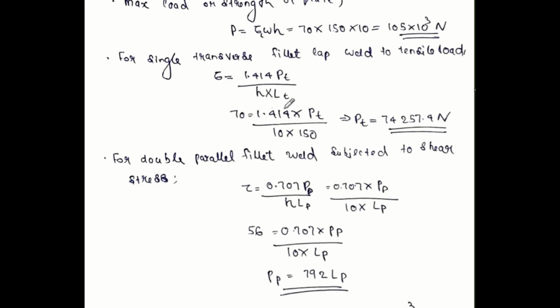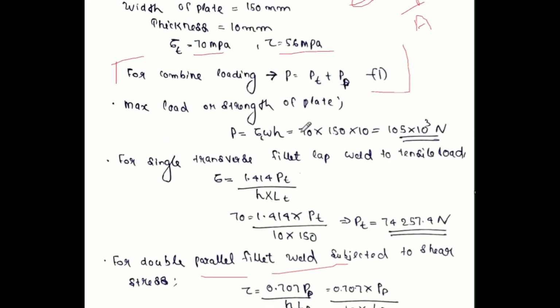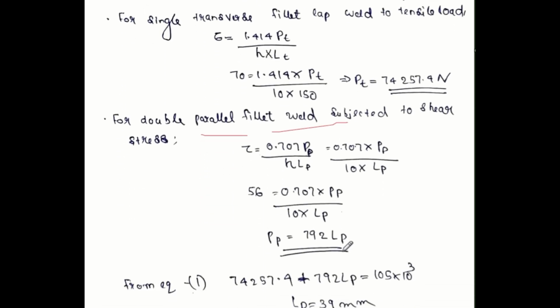Here LT means the length of the transverse weld, which is the width of the plate, so we use the same value. But in the case of the parallel weld, we don't have this horizontal length, and that is what they asked us to find. So from the double parallel fillet weld, you will only be able to obtain a relation, and this relation can be put into the equation to find the value of LP.